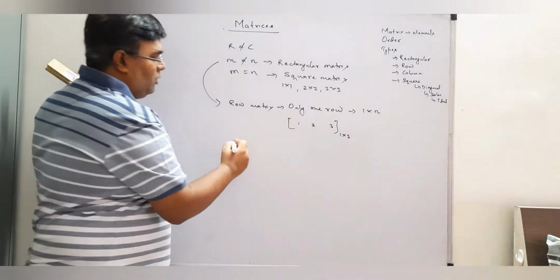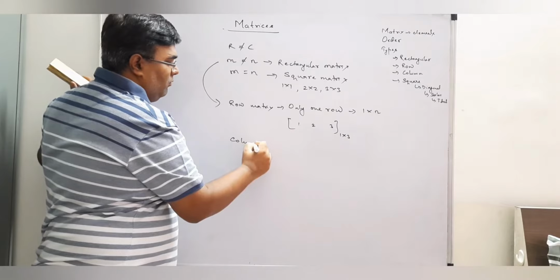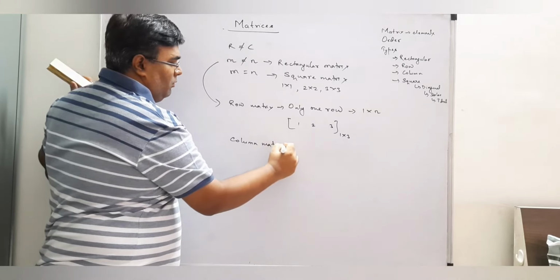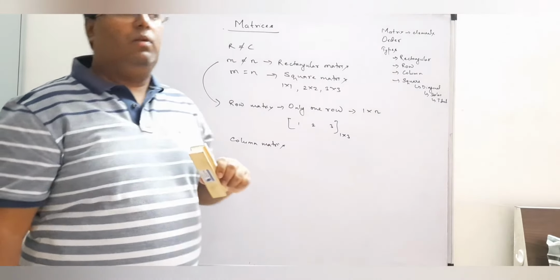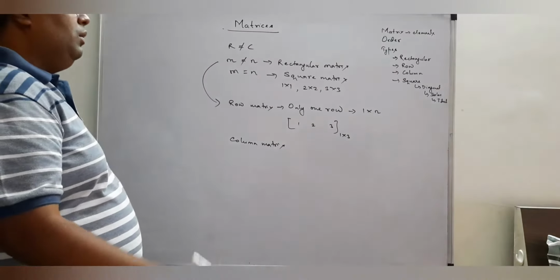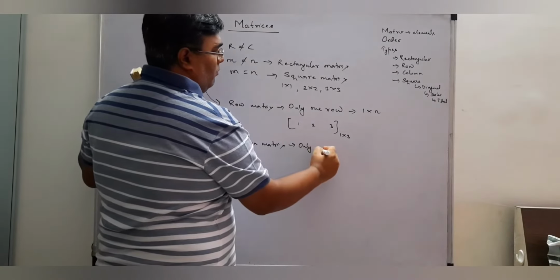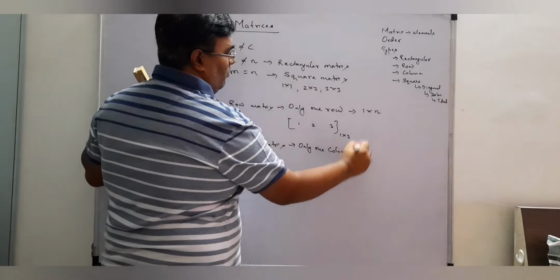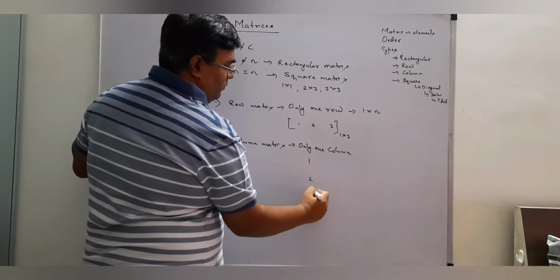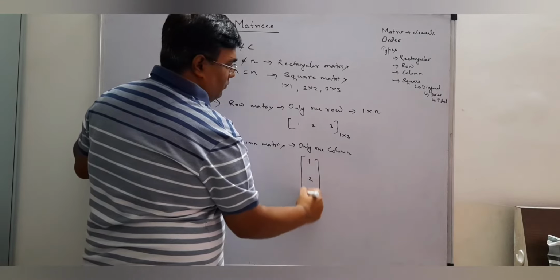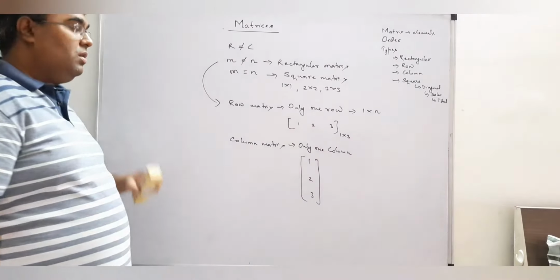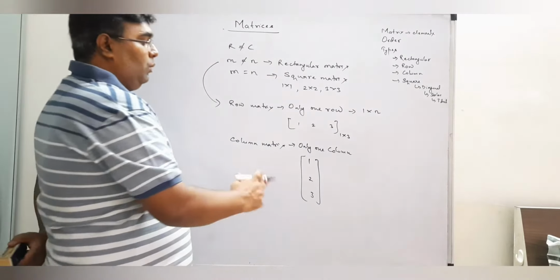Second, column matrix. Similar to row matrix, okay? It will have only one column. Like, we have 3 rows but only one column.